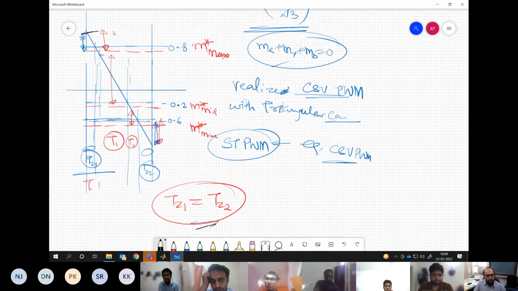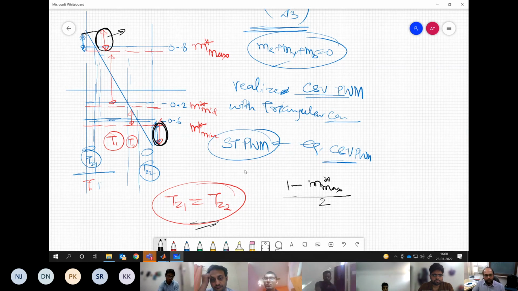Now what we are trying to do is equate the height which is coming over here and over here. What is this height basically? This is 1 minus M max star by 2, the ratio of this and the total height. Similarly, this small height over here is 1 plus M min star; I am taking the magnitude because time cannot be negative.